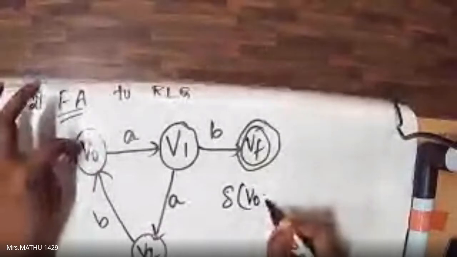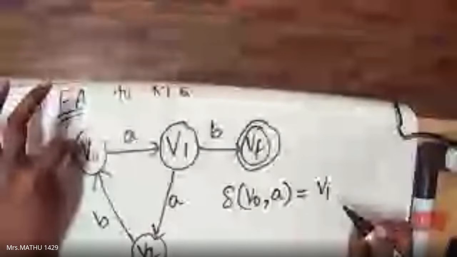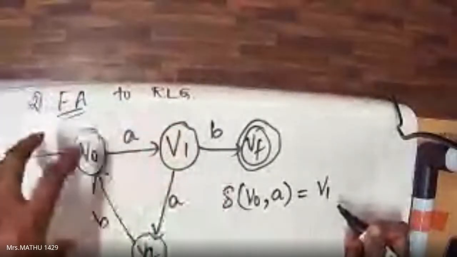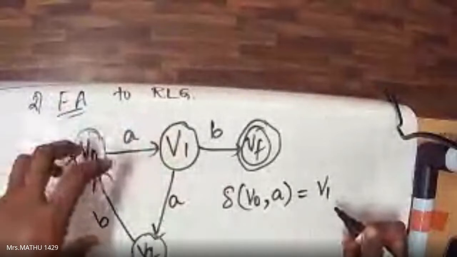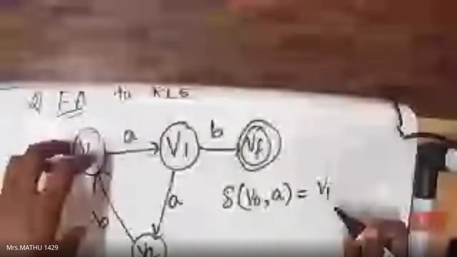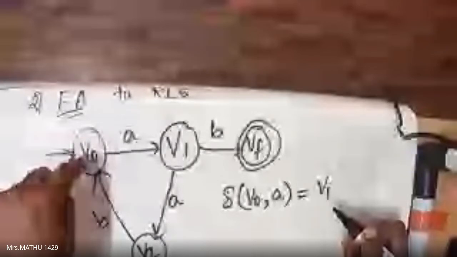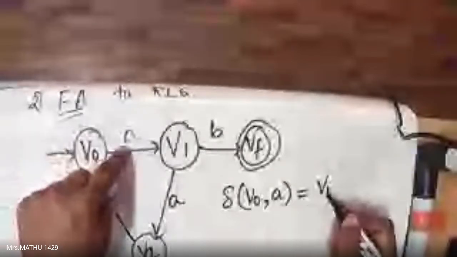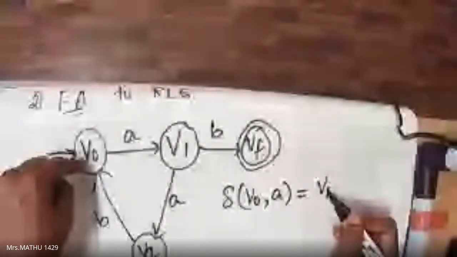So delta, what are the transitions available here from state V0? On reading A, it goes to V1. So this is a transition function taken from the given finite automata: delta of V0 comma A is equal to V1.